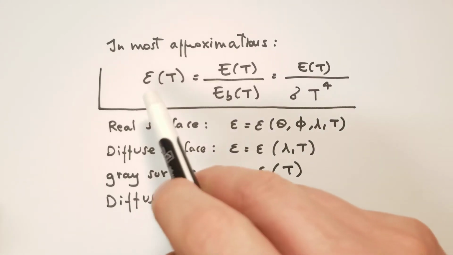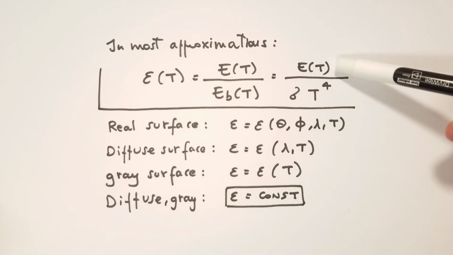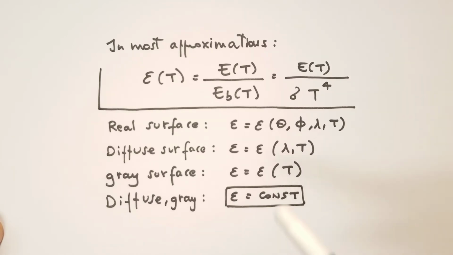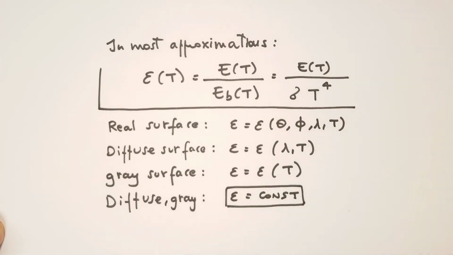So we can write epsilon as a function of temperature as the ratio between the actual emitted power by the surface at that temperature, divided by the black body emitted power at that temperature, sigma T to the fourth power.